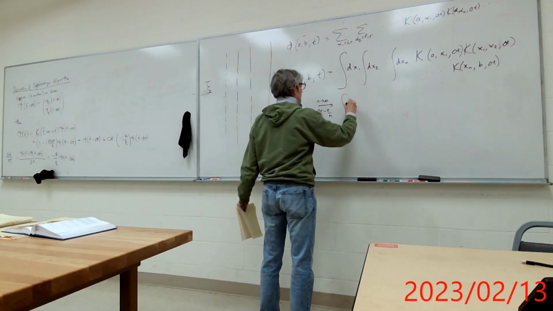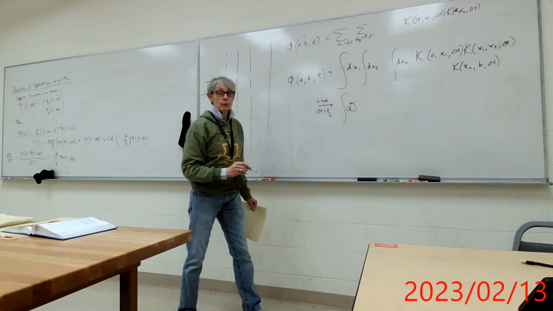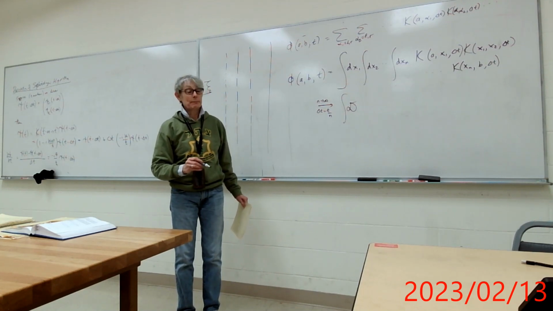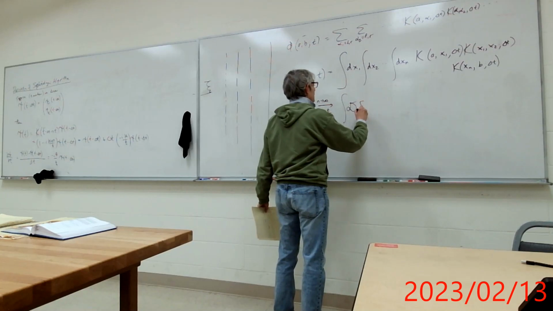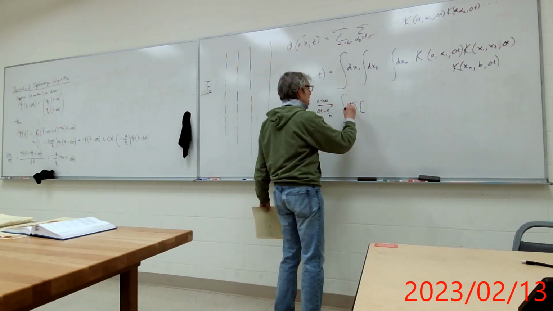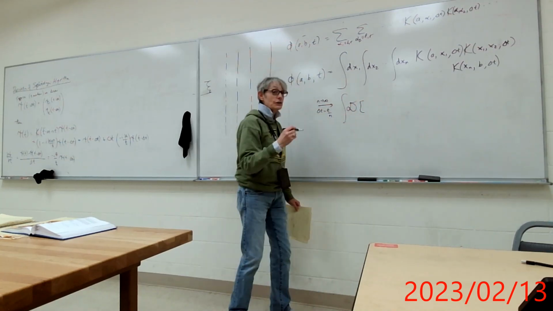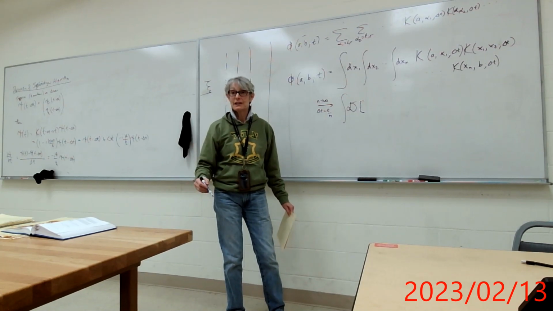This becomes the path integral, which is always written with a script capital D. He has a cute one in the book, and this is a sum or an integral over all different possible paths that we could do.